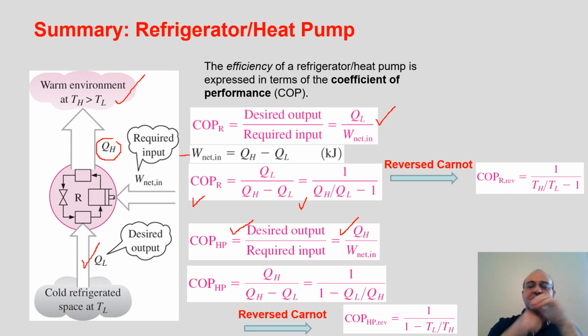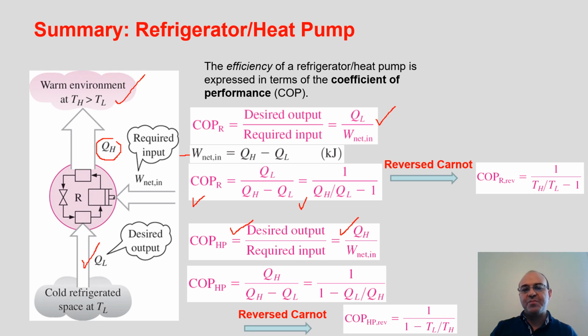So you may ask, what's the use of a heat pump? Why do we not use a resistance heater? If we do use a resistance heater, then W net in, the electrical work in a resistance heater, will be directly converted to heat.